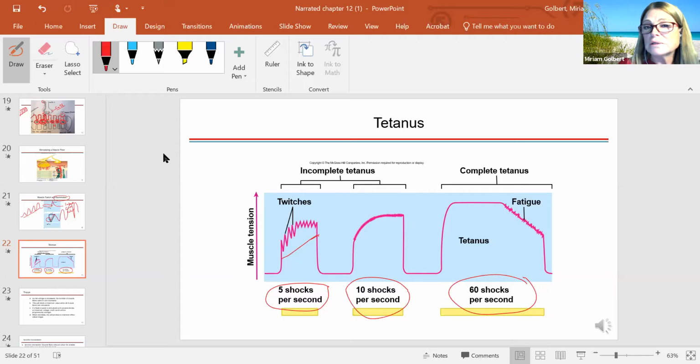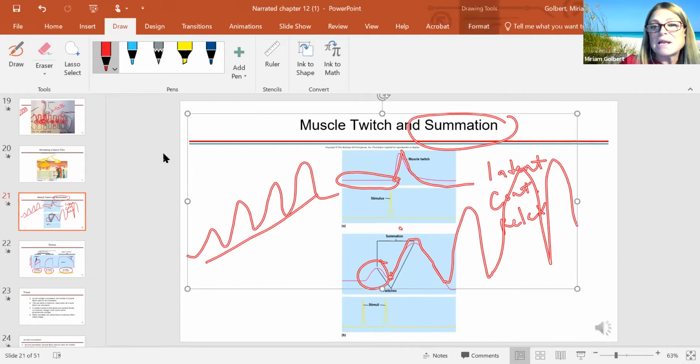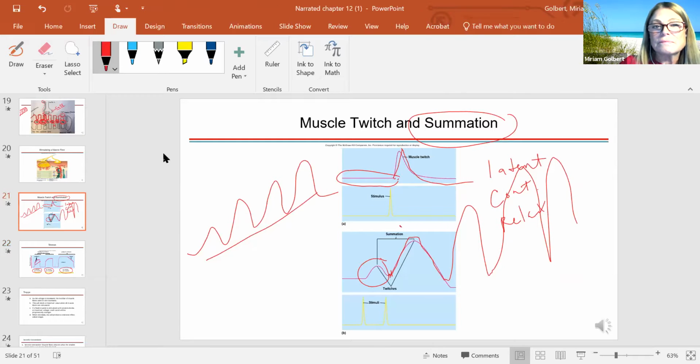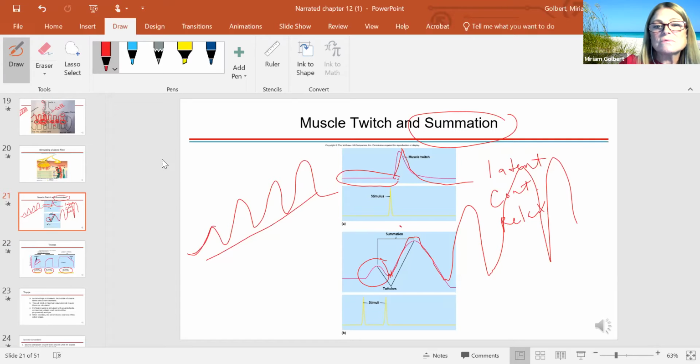So that's what we call incomplete tetanus. So summation, you stimulate after the relaxation: contraction, relaxation, stronger stimulus, contraction, relaxation, stronger stimulus, and it's higher and higher.